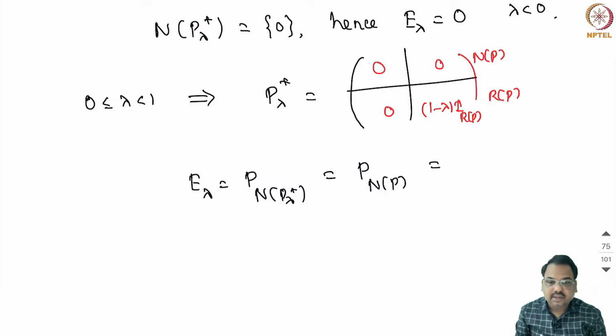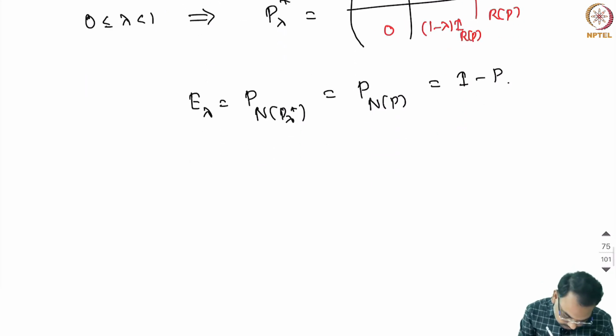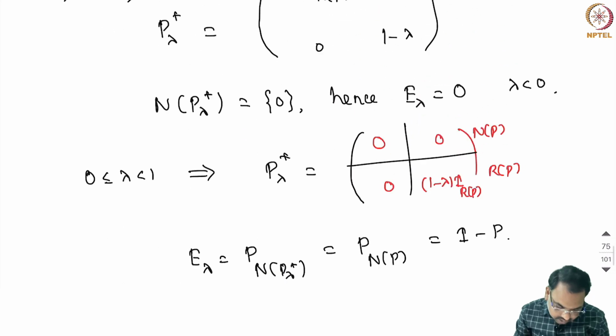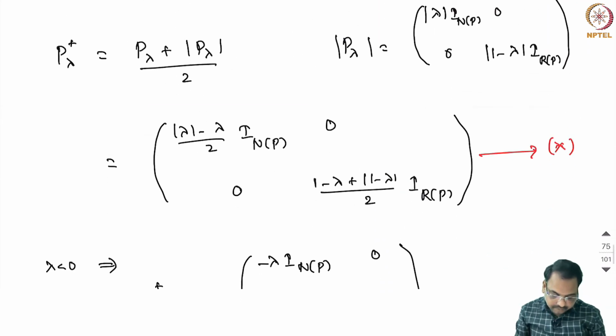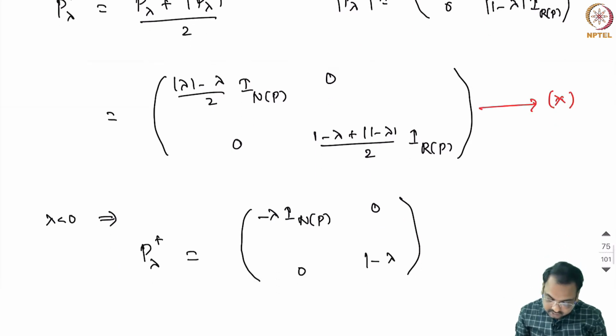You will get this as I minus P. And if lambda is bigger than 1, we can show that by star, the 1 1 entry you get 0, the second entry also you will get 0.